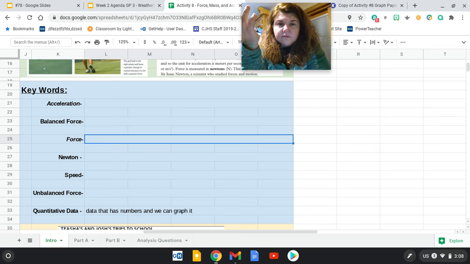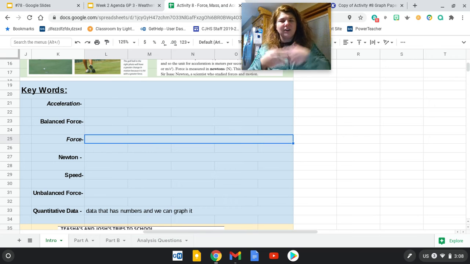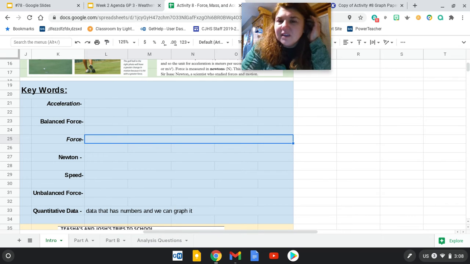Most often, it's hard to find forces because they aren't things that we can always see, but most of the time they are just classified as a push or a pull. So at least for 4s, all you'd have to do is put push or pull.